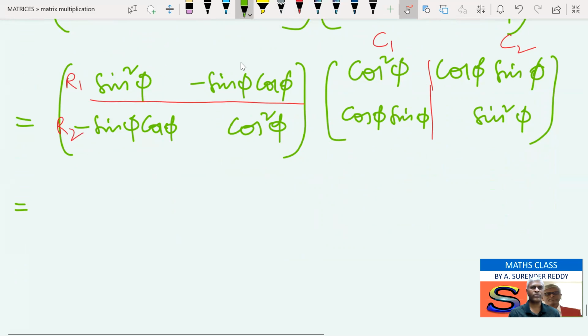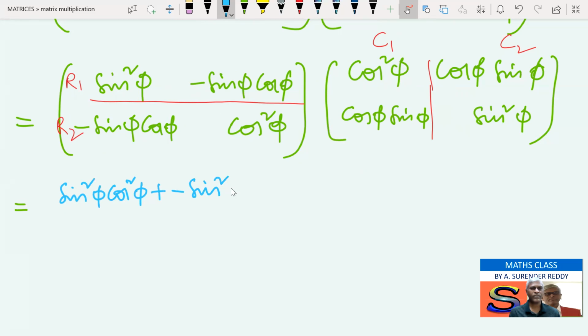Multiplying rows by columns, R1 C1: sin square pi into cos square pi, that is sin square pi cos square pi, plus minus sin pi cos pi into cos pi sin pi. So minus sin square pi cos square pi.